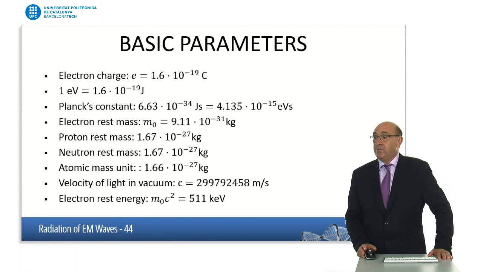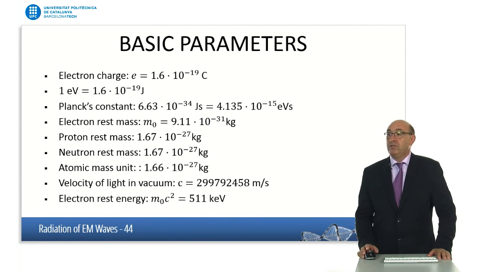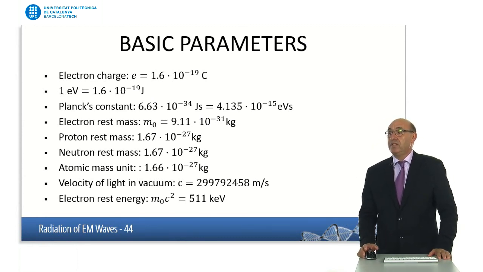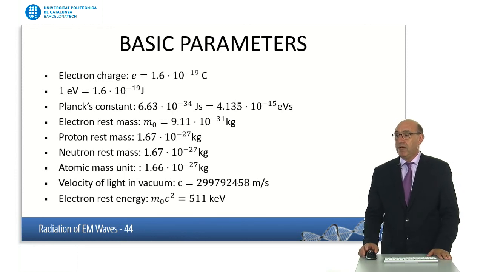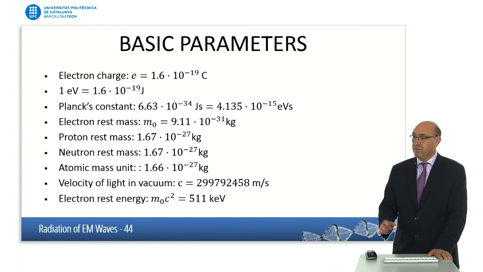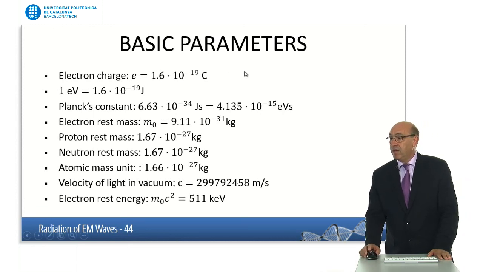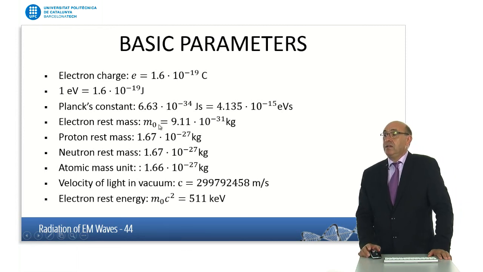Now, as a summary for future use, if you need some of the data, they are available everywhere, but here you have them condensed, some values that may be of interest. There we have the charge of the electron, the mass of the electron at rest, Planck's constant, the proton and the neutron rest mass, the velocity of light, and you have two energies here.